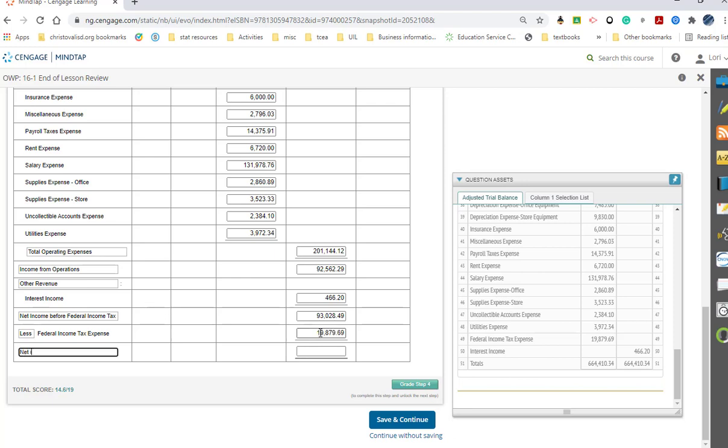And this is our net income after federal income tax. And we are going to subtract our federal income tax, and that gives us $73,148.80.